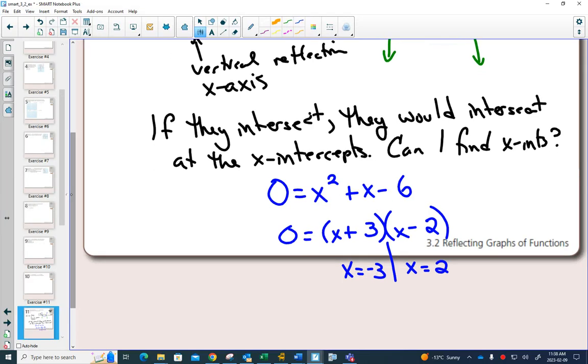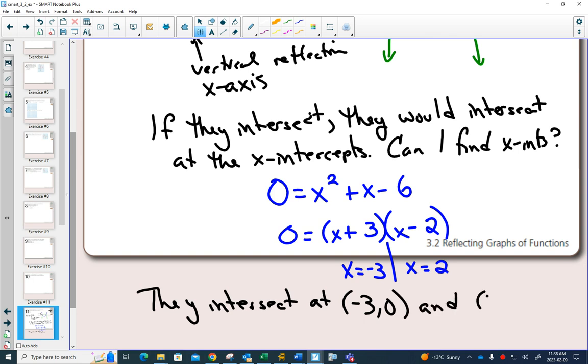And I can write a final statement. Here's the points. They intersect at negative 3, 0 and 2, 0.